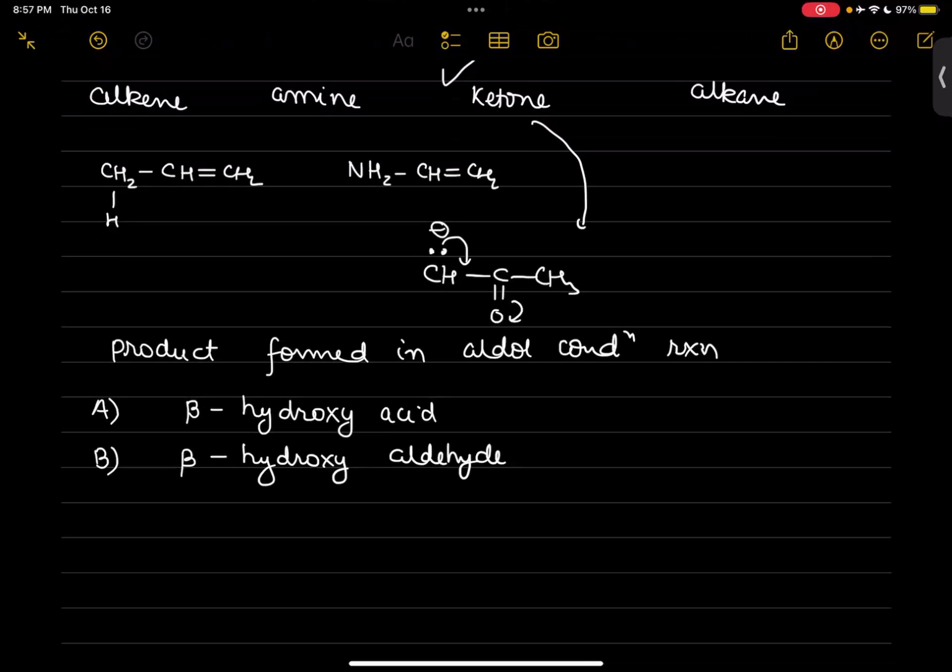Beta hydroxy aldehyde or a ketone. Alpha hydroxy aldehyde or a ketone.